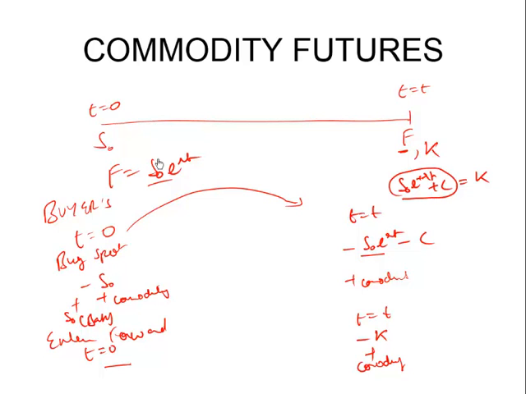So for commodity forwards, just remember, the fair forward price is S0 e raised to power RT plus storage cost. If the continuously compounded storage cost is given, just like the continuously compounded dividend yield, then F becomes S0 e raised to the power (r plus lambda) times T, where lambda is the continuously compounded storage costs.